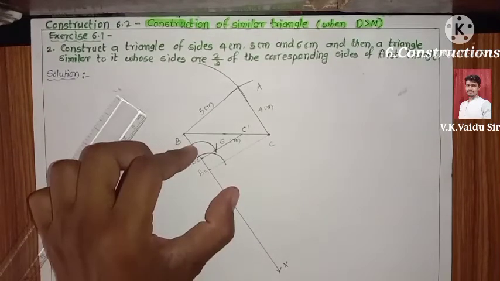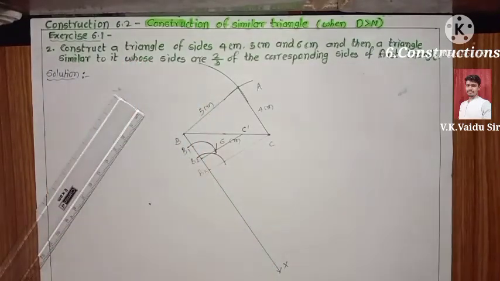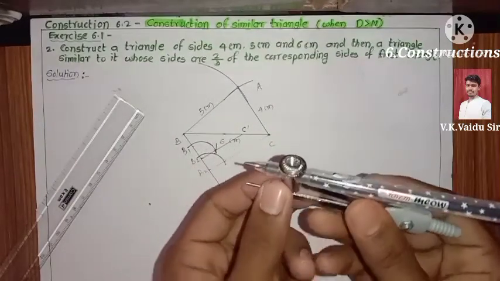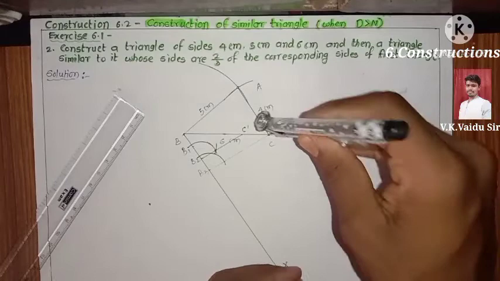Here we repeat the same procedure as above. Again take some distance in the compass, put the needle on point C and draw one arc.